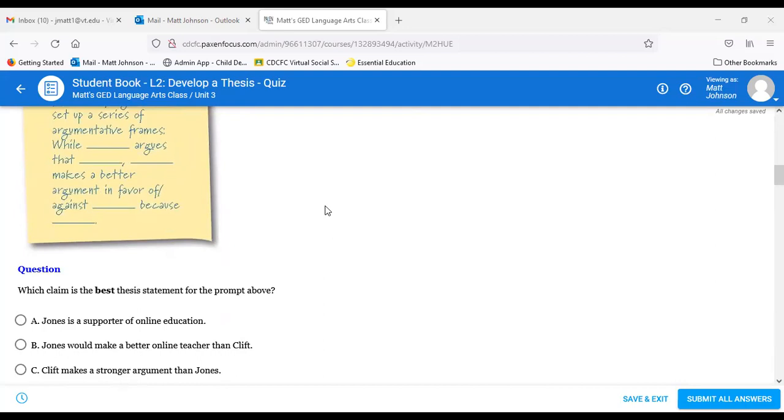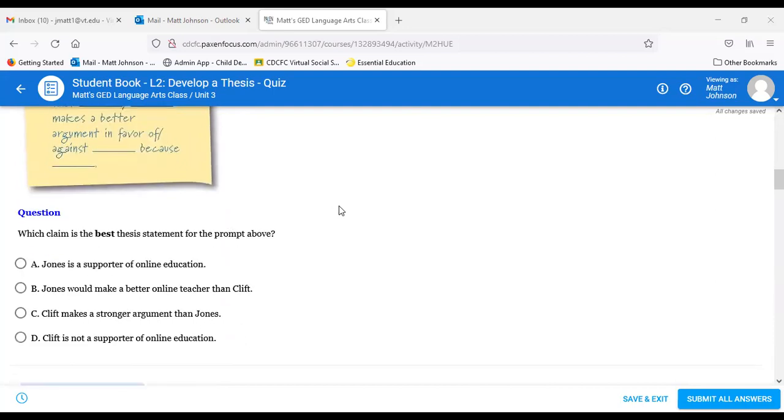How about we go to Christiana? We want to take care of number one here. Okay, number one. Which claim is the best? Please, the word is what?